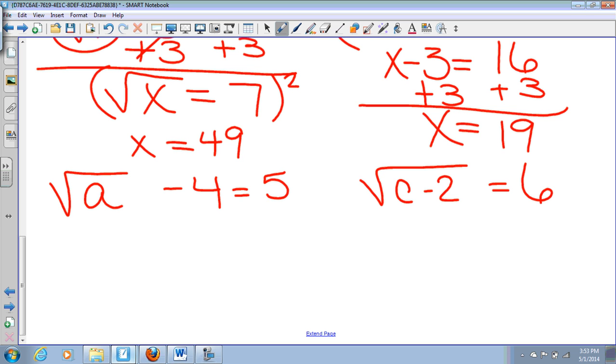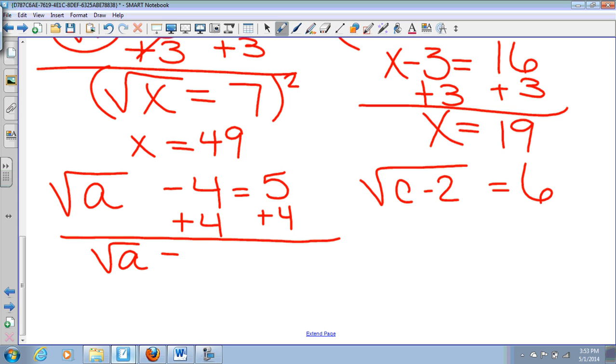Let's take this one first. Square root of a minus 4 equals 5. So let's add 4 to both sides, so the square root of a equals 9. Then we'll square both sides, so a, in fact, equals 81.